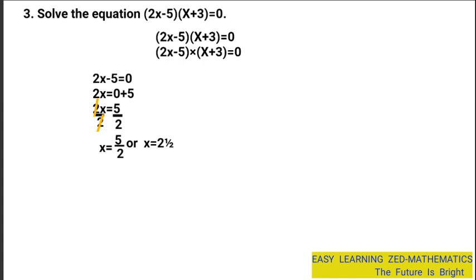So the value of x can either be 5 over 2, or if you want to convert it to a mixed fraction, you can also write it as 2 1 over 2. That is the value of x when 2x minus 5 is equal to 0.